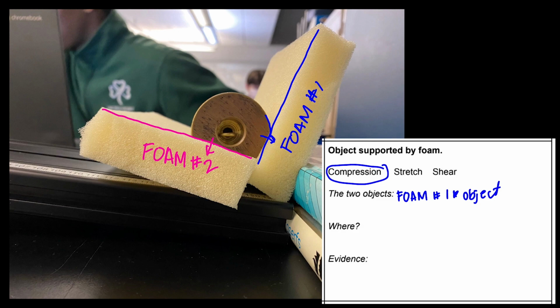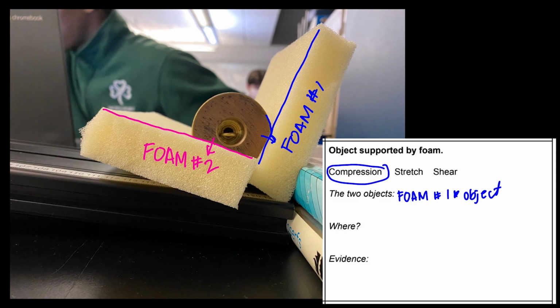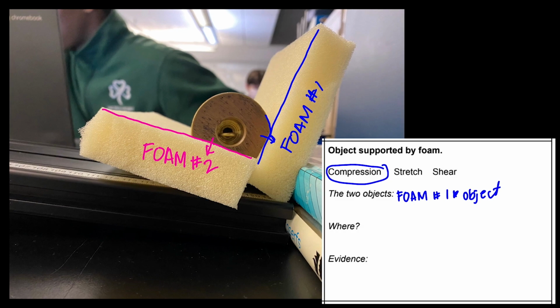All right. But at the same time, where they meet or where the interaction's happening, or where the compression is happening, is where they touch. So where the objects are touching and interacting. And the evidence that we have is that the foam is sinking or changes shape.